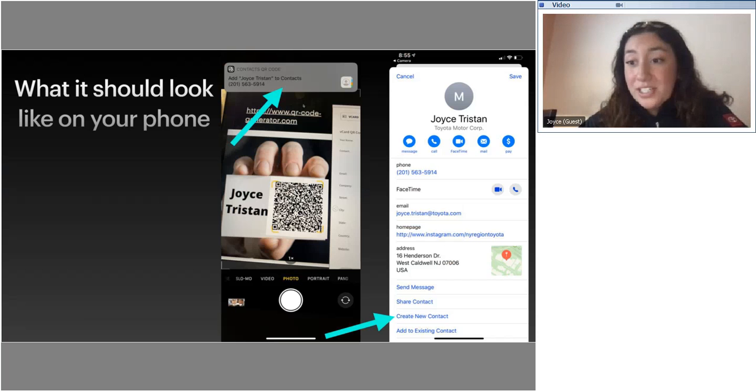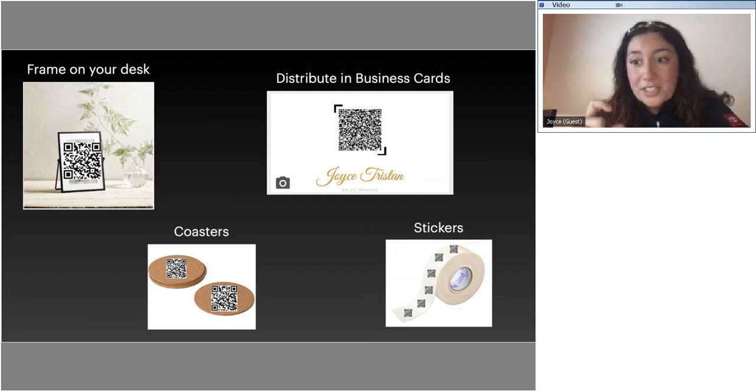So it's qrcodegenerator.com. In the one-pager that I'm going to send you guys, I'll have this listed. So it's a quick 1, 2, 3. You can download this. It's going to be like a picture, this QR code. And you can paste that picture wherever you'd like. Some ideas are a framed picture on your desk.